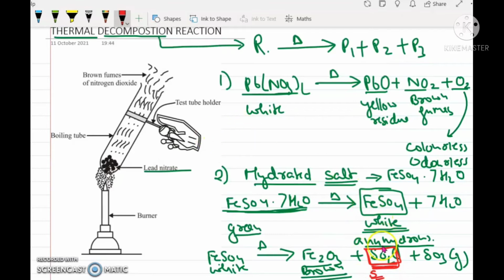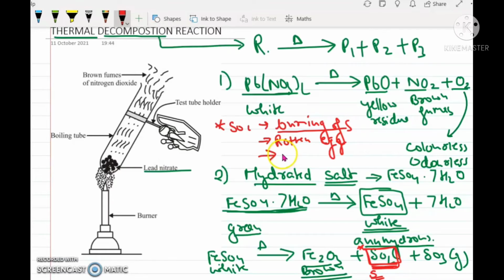This can be asked in the question in the form of either a rotten egg smelling gas or a gas which smells like burning hair.